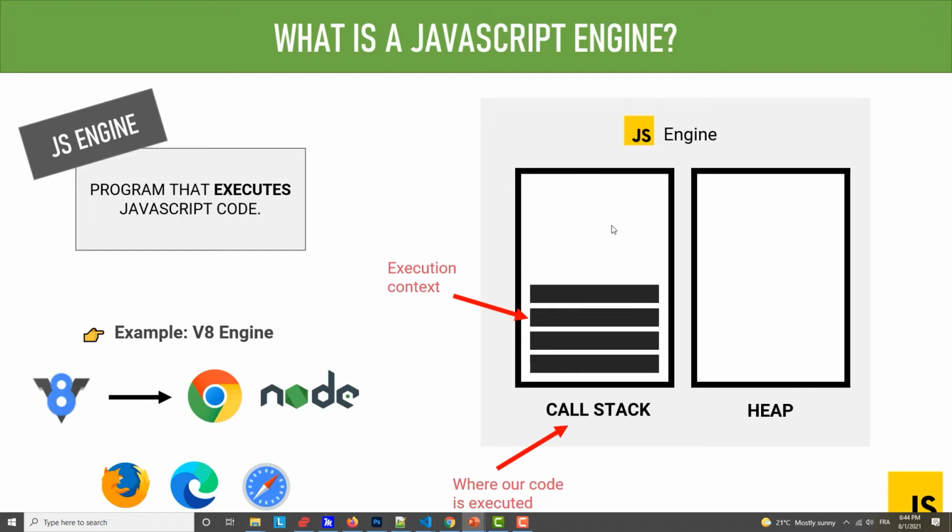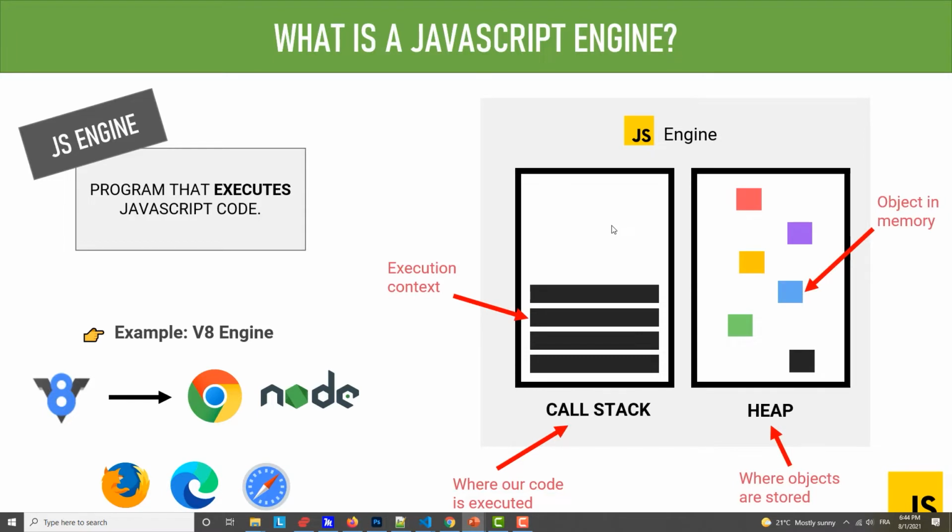Then the heap is a structured memory pool which stores all the objects that our application needs. Alright, so with this look at the engine, we have answered where our code is executed. But now the question is how the code is compiled to machine code, so that it can be executed afterwards? Well, let's find out.